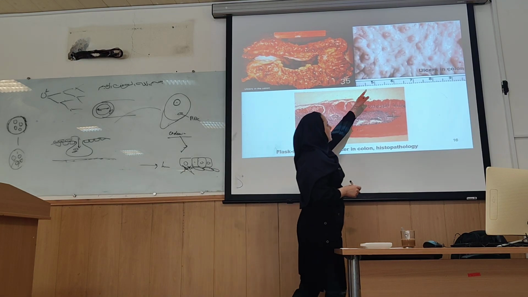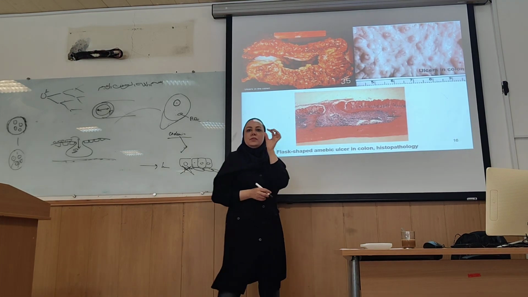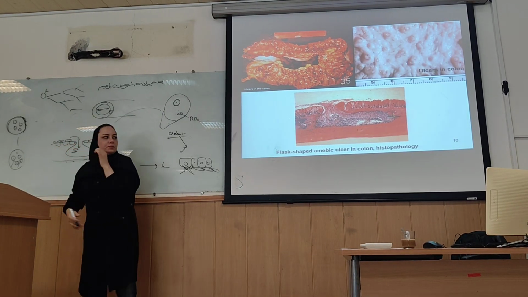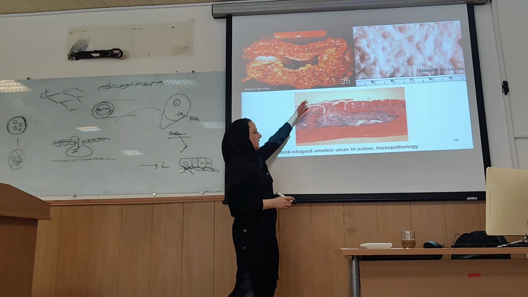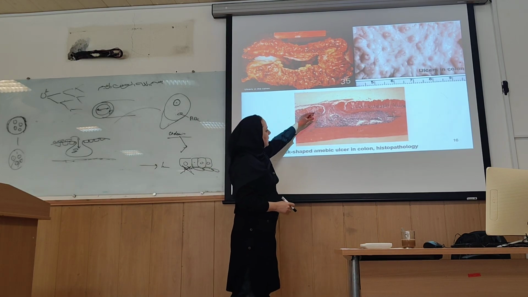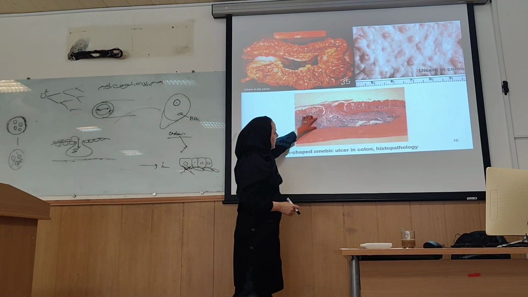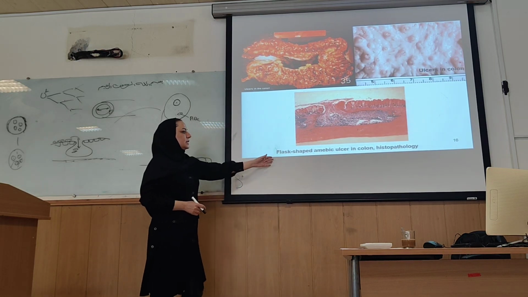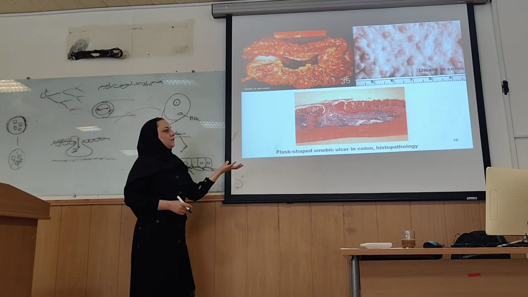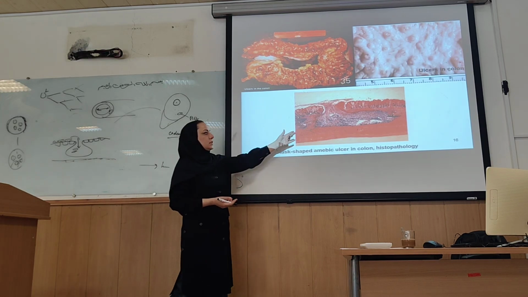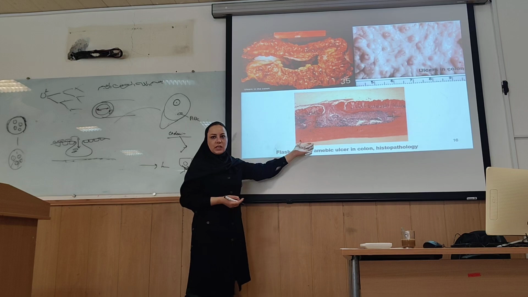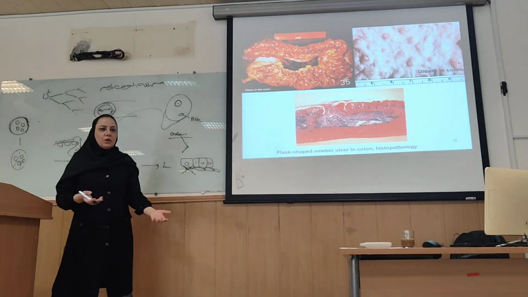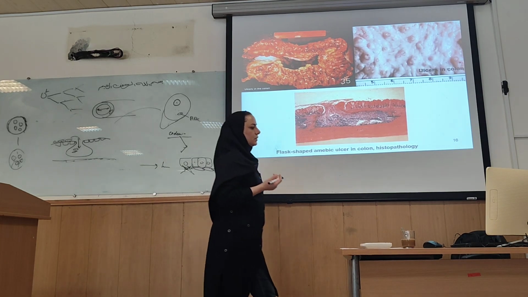These lesions are very tiny, but in a pathology cross-sectional section, these are the epithelial cells, and this is the flask-shaped ulcer. If the pathologist sees this in the section of the epithelial cell, definitely this is one of the hallmarks of histolytica.